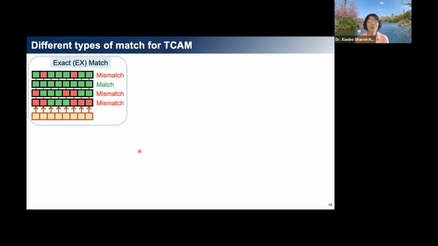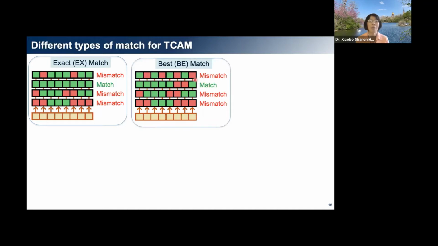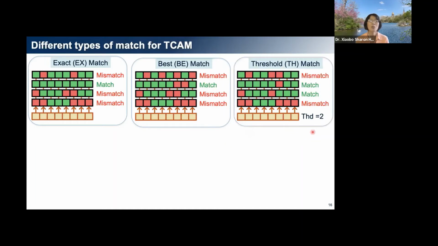So in general, I talked about exact match. We can also use that degree of match measurement I just told you about to design what we call the best match, meaning that we find the row or the word that has the minimum number of mismatched cells. So that's a best match. Or we could also set a threshold, so that, let's say the threshold is 2, and we have 2 mismatches, we'll call them all a match.